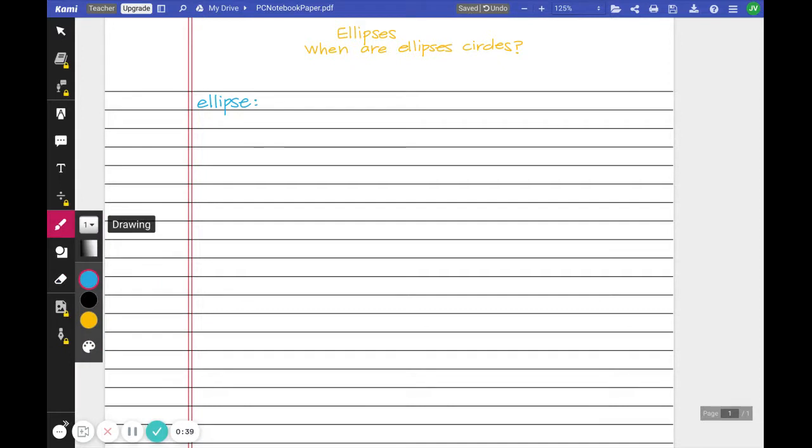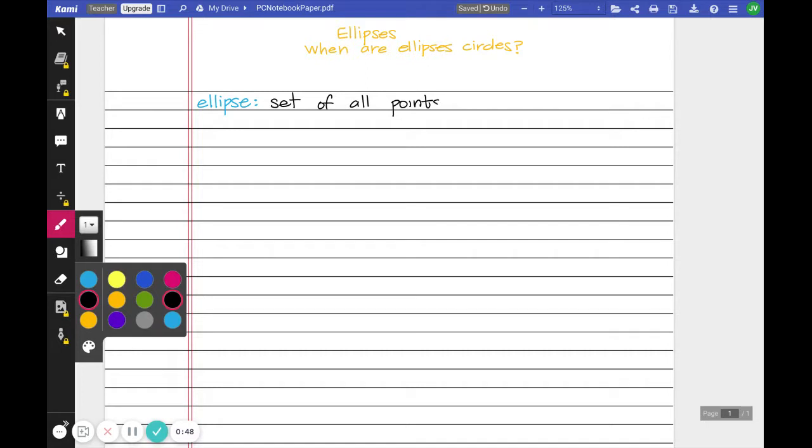When I talk about what an ellipse is, we're talking about the set of all points whose distances from two fixed points, and we'll define those as foci, which is more than one focus. So those distances have a constant sum.